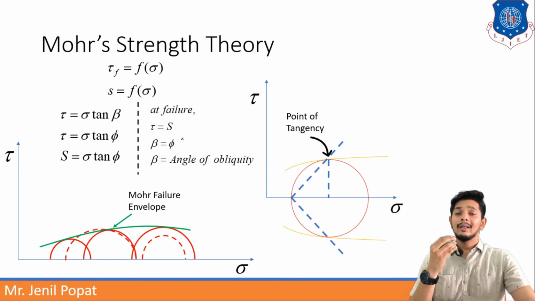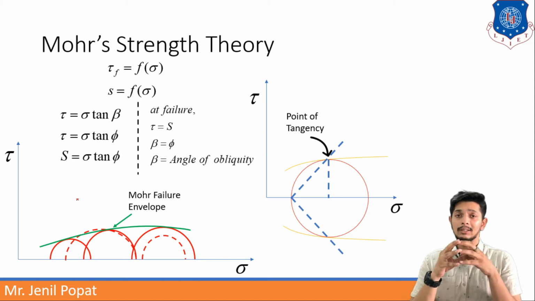So Mohr derived this formula from the failure envelope of soils. Here you can see two graphs of tau versus sigma. In the first graph you can see a number of Mohr's circles, and the green line shows Mohr's failure envelope.